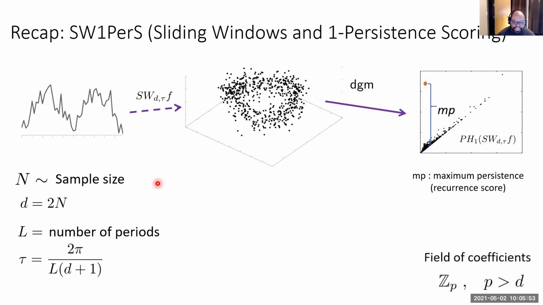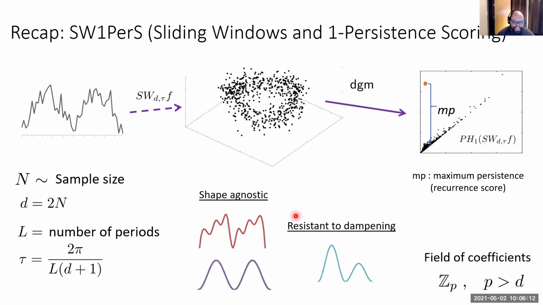Something else that we learned is that if you want persistence not to depend too much on the field of coefficients, then you want to take coefficients in a field, let's say Z mod p, for p greater than the embedding dimension of the sliding window embedding. And with a little bit of care, we showed in several examples that we got ways of measuring recurrence which were shape agnostic, meaning that they worked equally well for complicated signals or simpler signals like sine and cosine.